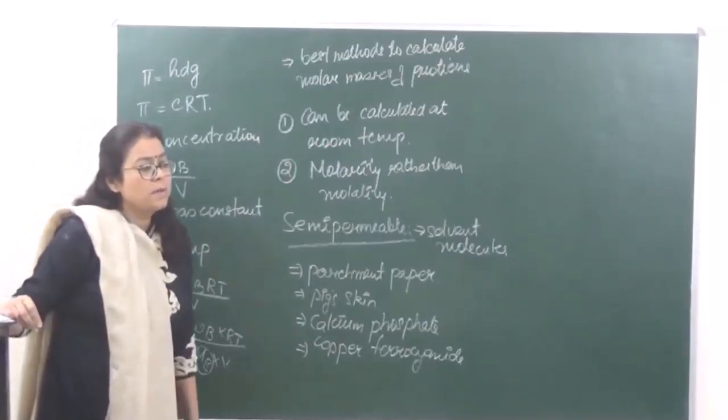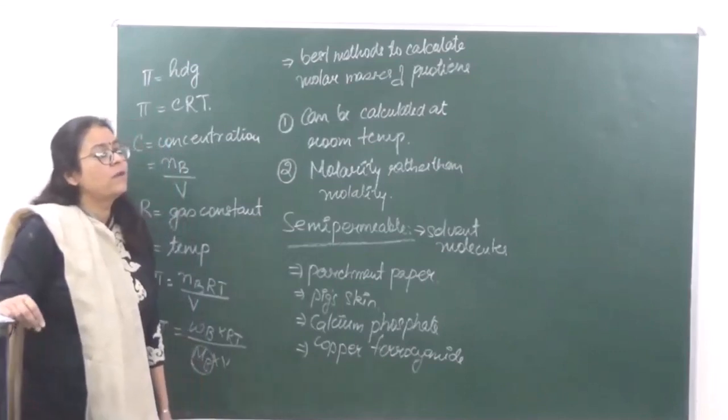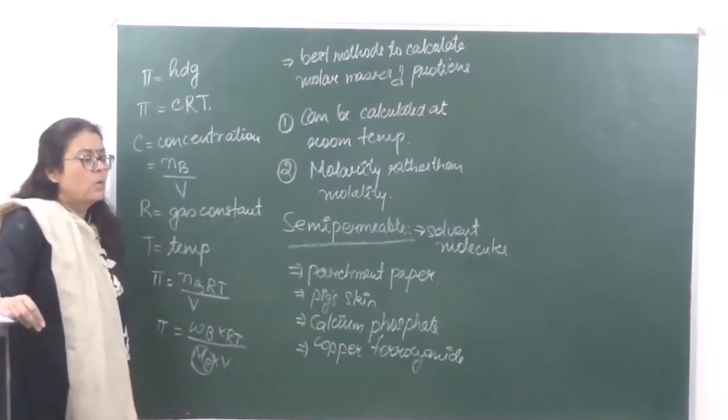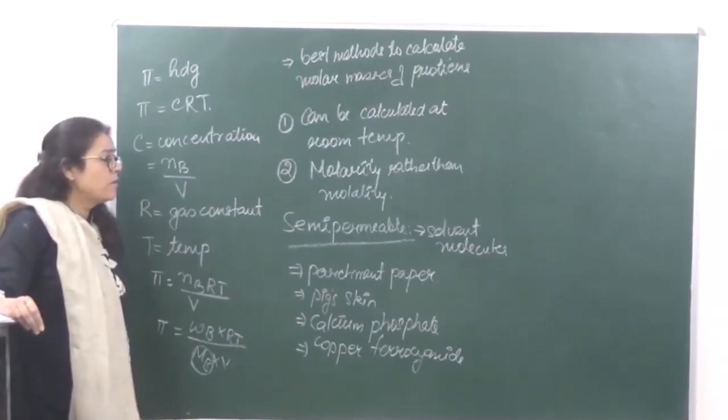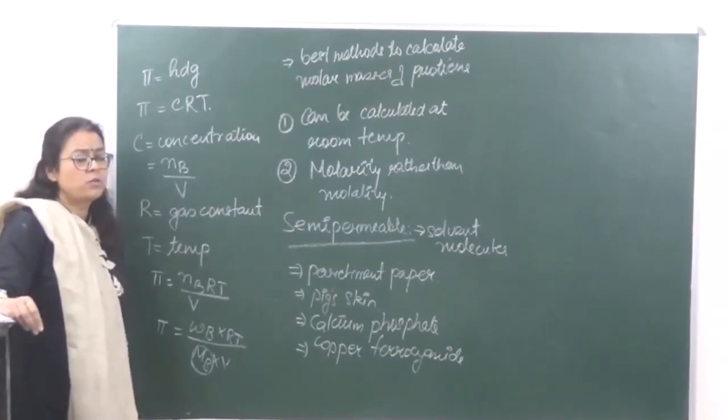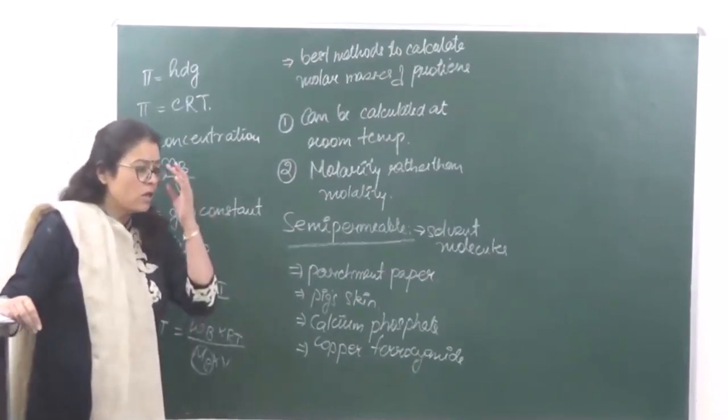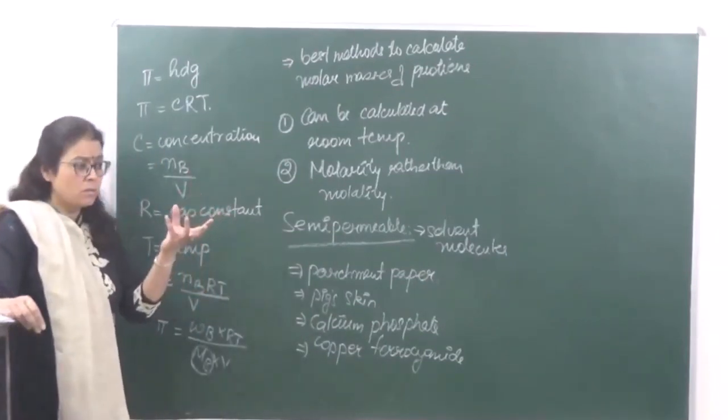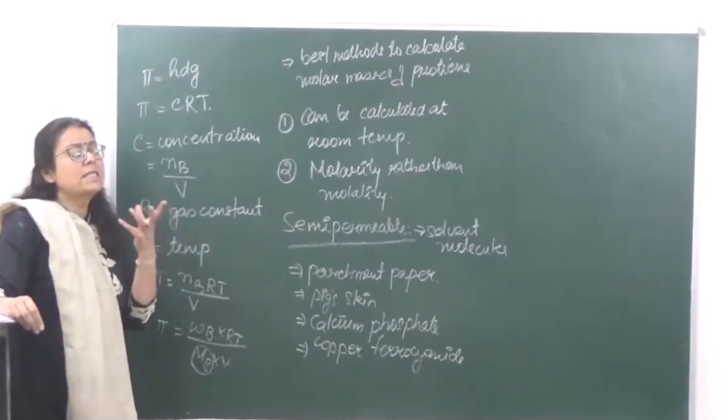Now there were many theories given regarding this: through a semi-permeable membrane, why are only solvent particles moving or passing? Why are the solute particles not moving? So there were a few theories. The first theory was that the size of the solvent particle is very, very small. This theory is known as the sieve theory.